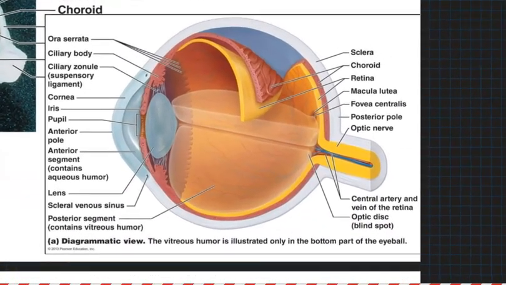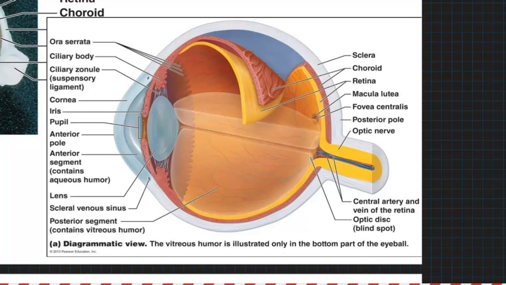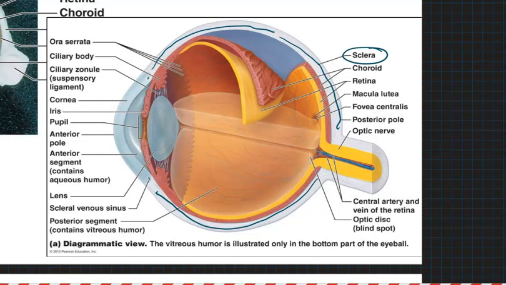I'm going to use this image to illustrate some of the points that I'm about to make. This is all sclera. Sclera is continuous with the epineurium of the optic nerve.